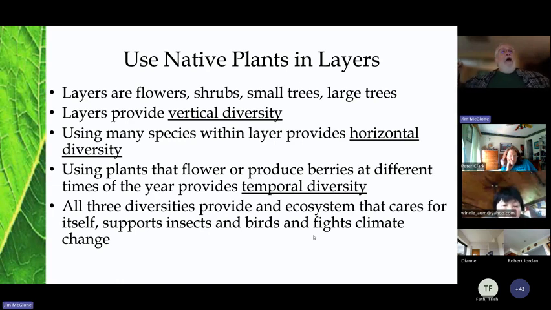And then within those layers, you also want to provide plants that flower or produce berries at different times of the year. A great example of the temporal diversity is 3 of our native viburnums, Viburnum prunifolium, dentatum, and acerifolium.